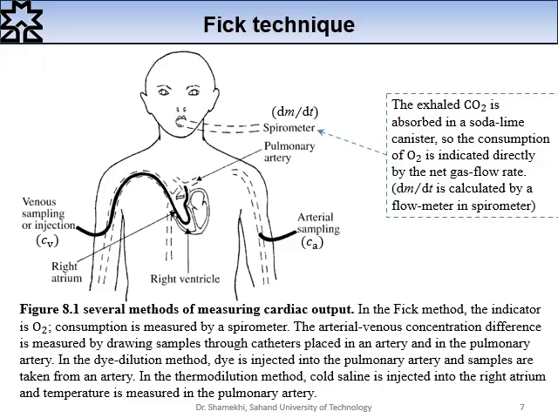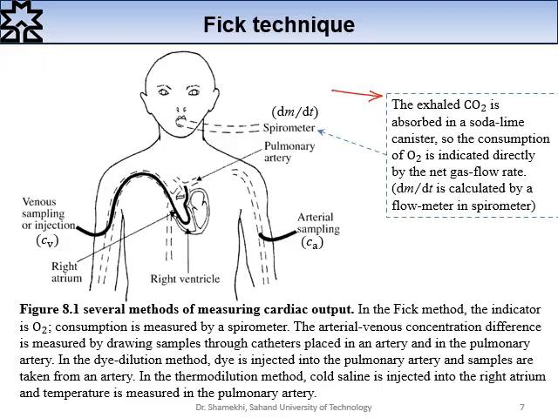As I mentioned before, in the Fick method, the indicator is O2. To have pure O2, we will use a specific method, as you can see in this box.